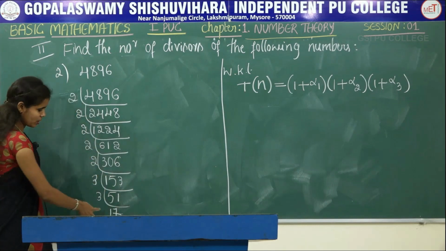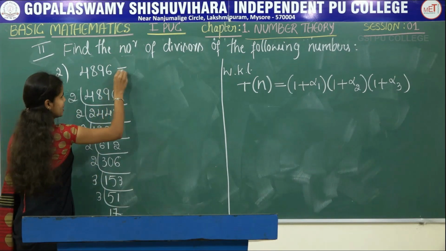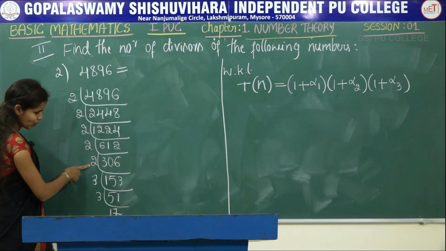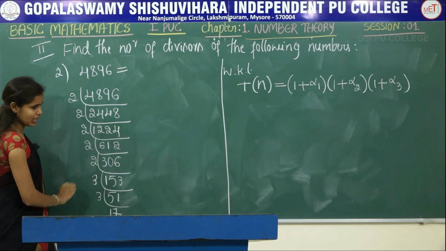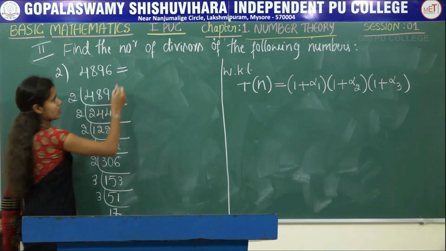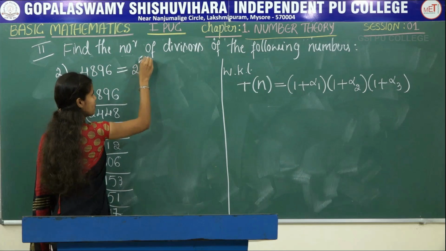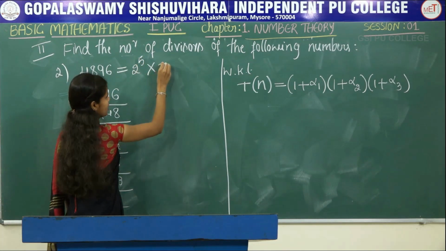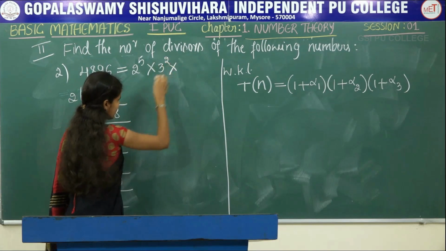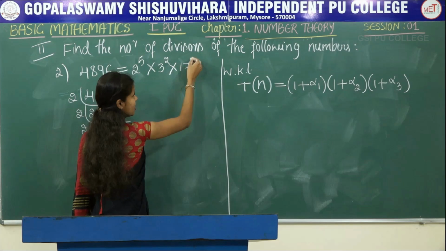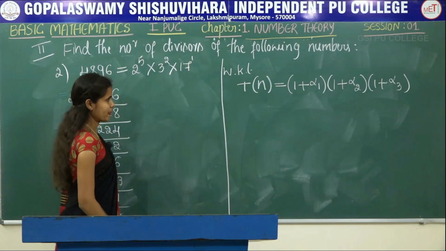So stop here. Therefore this can be written as 2 into 2 into 2 into 2 into 2 into 3 into 3 into 17. 2 appears 1, 2, 3, 4, 5 times, so 2 to the power of 5 into 3 squared into 17. 17 is a prime number, so 17 to the power of 1.